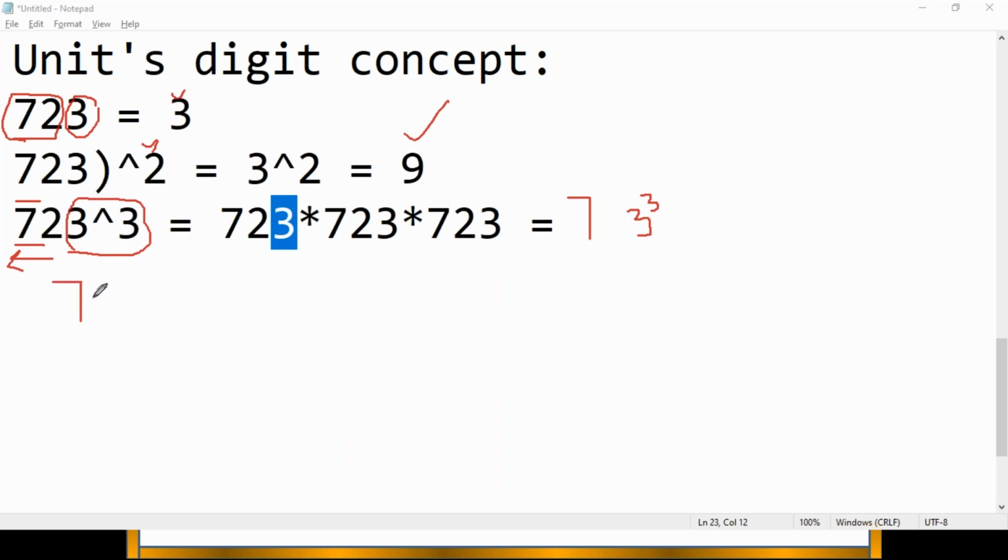So 723 whole power 948 depends on 3 power 948. Like 723 whole power 3 means 3 power 3, 723 whole power 948 means 3 power 948.